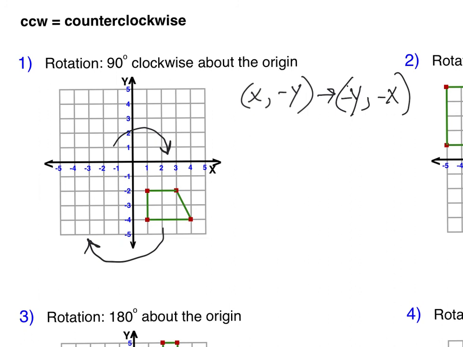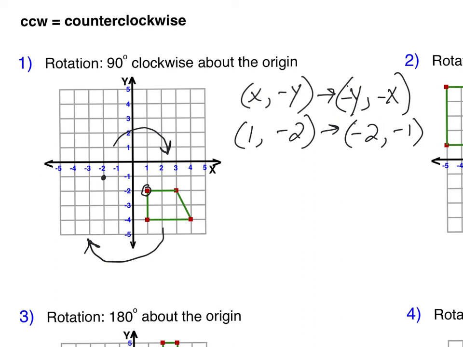We're going to the right 1 and down 2 to get to this first coordinate. That means we're going to go to the left 2 and down 1. I switched the order, and the second value, the new y, I changed to a negative. So left 2 and down 1 puts me right here.